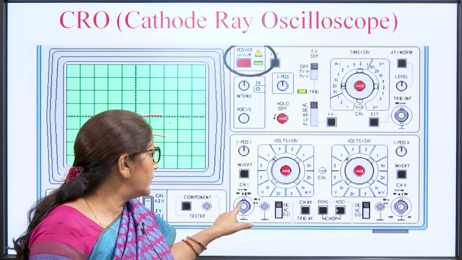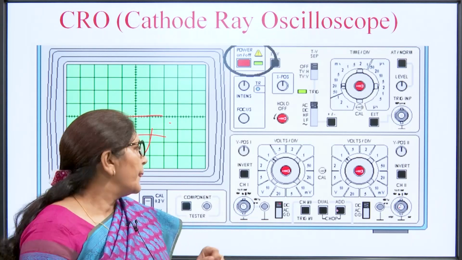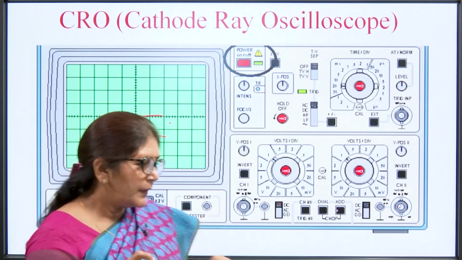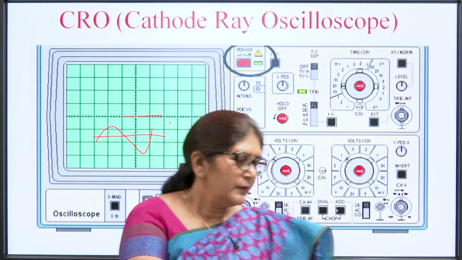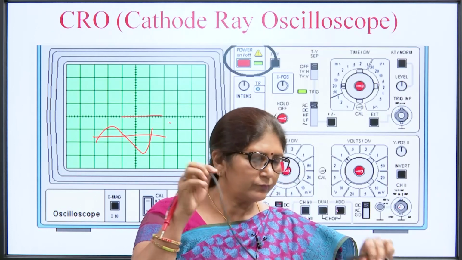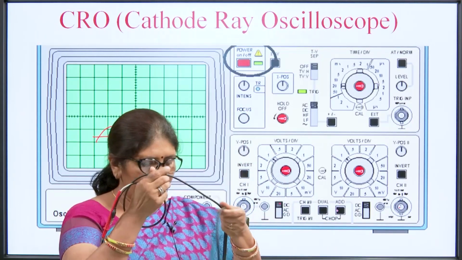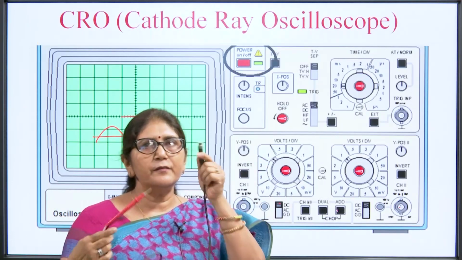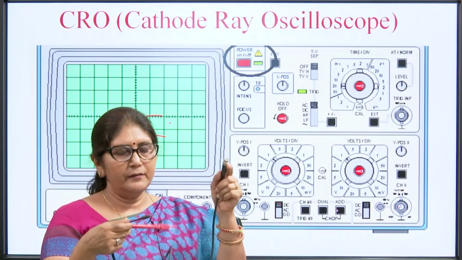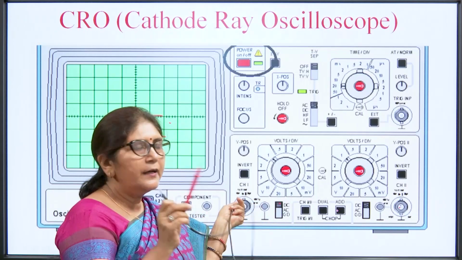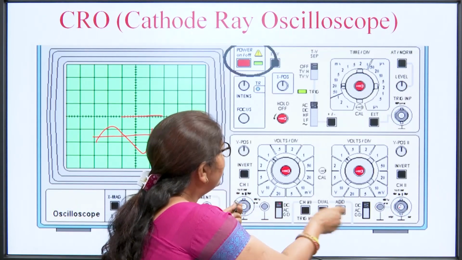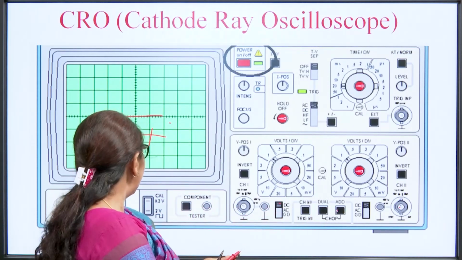We will put our probe at channel 1. Suppose this is a probe. We will put this BNC at this position, and this terminal is at the calibration position, and then we will calibrate.